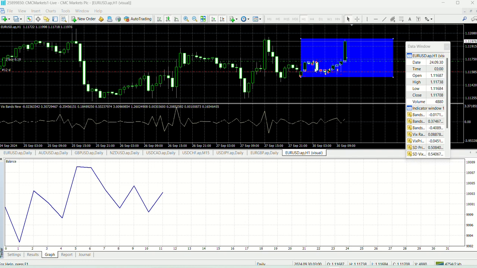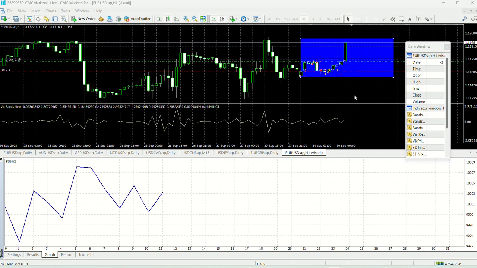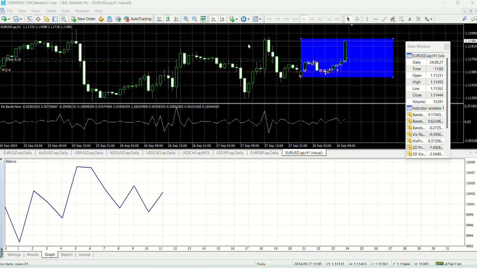It went up, came back sharply to the opening area, and then started going up, and now we got a range breakout to the upside, and the program has opened a buy trade. This is about to be closed very soon, so we'll get some decent profit here. And then we have approximately 12 more hours to go, and we'll see what happens at the end of the day. So keep watching.